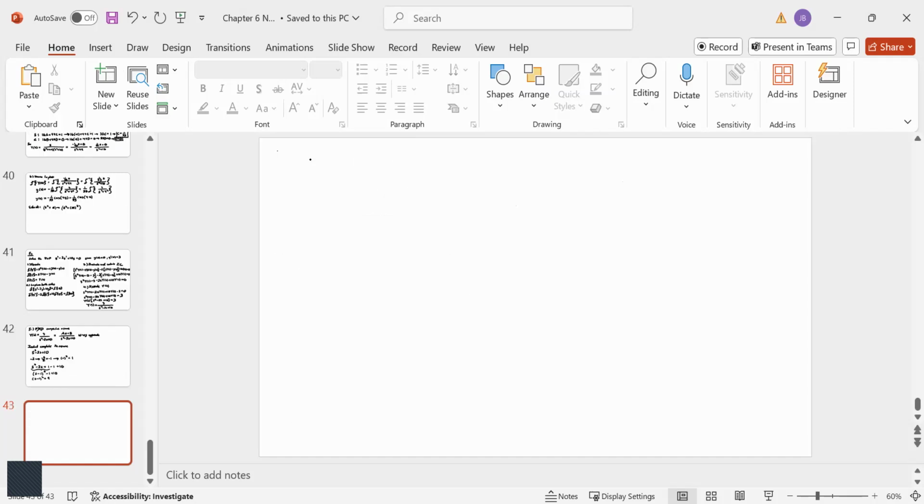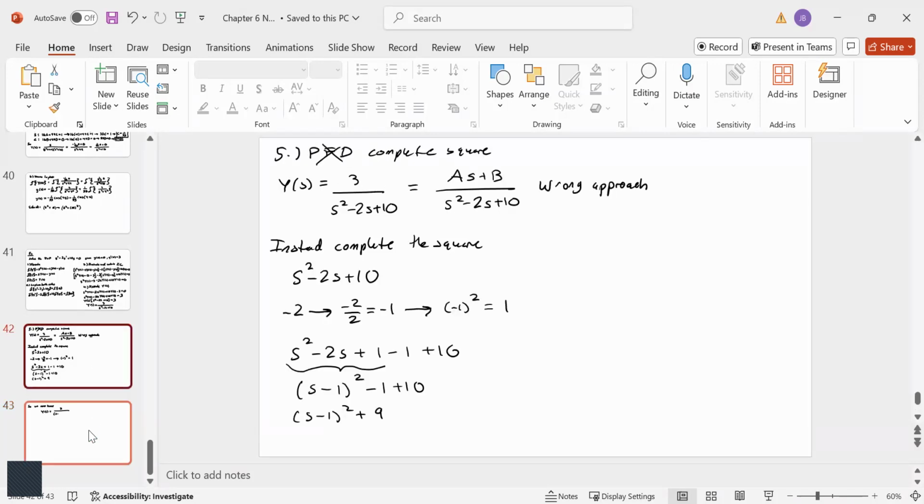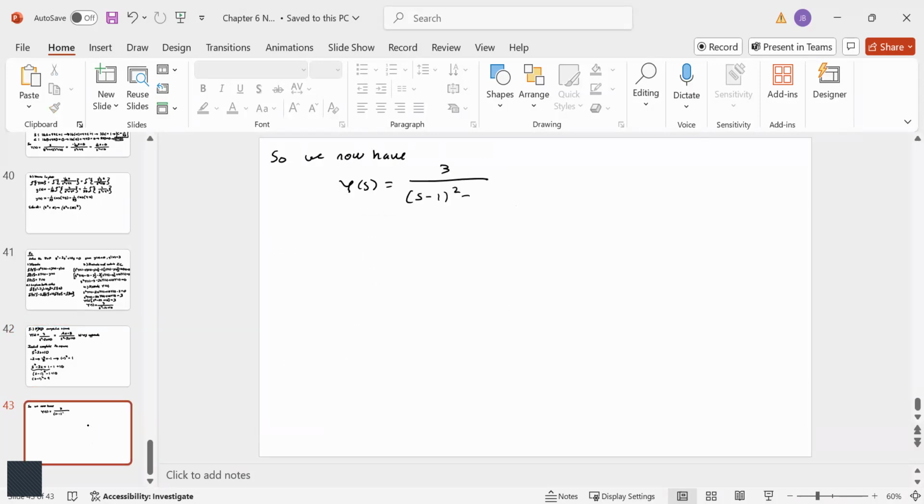And so we now have y of s is equal to 3 over s minus 1 squared plus 9, like that. And I have something in the table to deal with this.